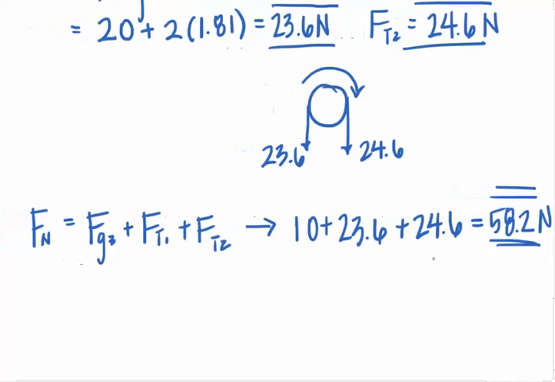All right. What's cool about this problem though is that the force that the axle has to apply to the system to keep it from moving is that normal force, and it's way more than the weight of the object. And it's more than the sum of the weights. So think about it. What's the total weight of the system?